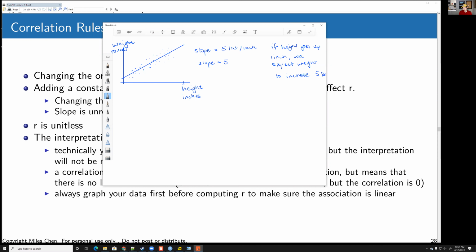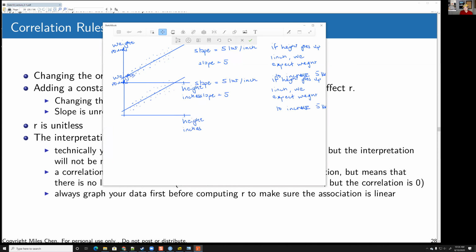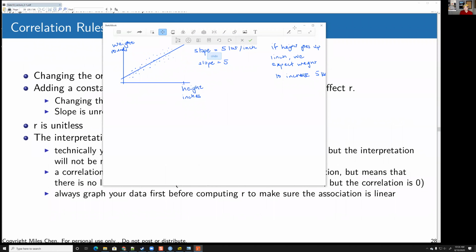Now I could take the same plot, except we're going to measure height this time in centimeters.